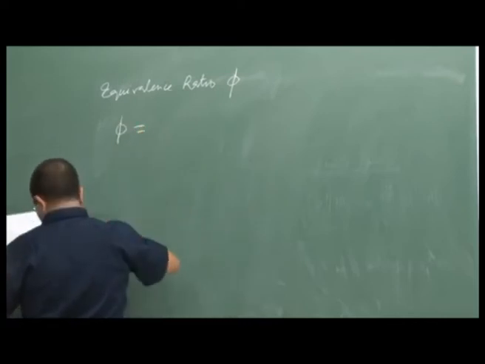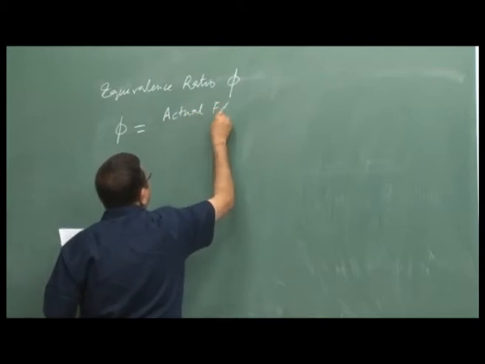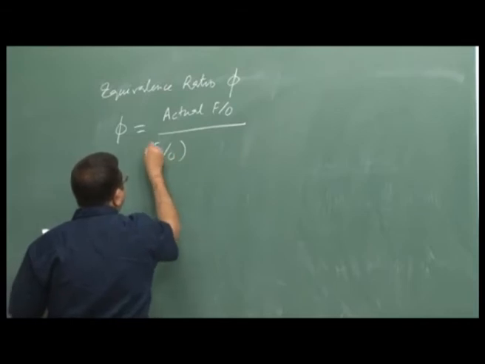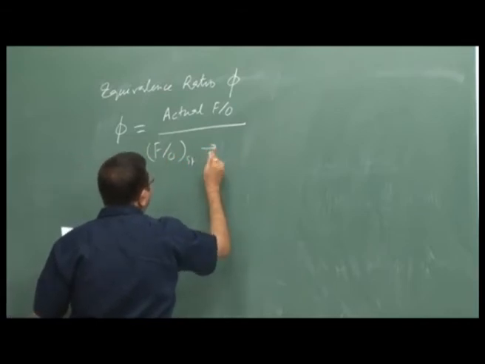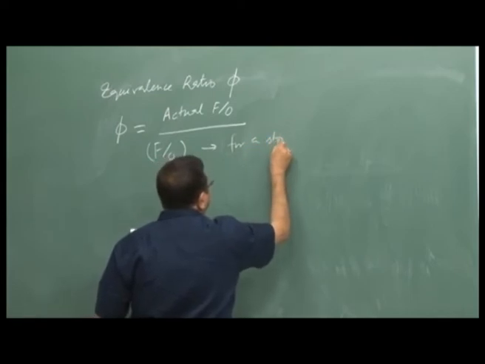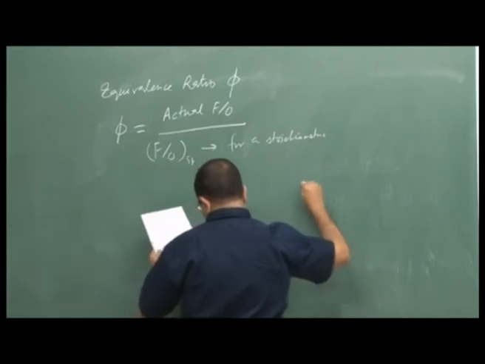So, equivalence ratio is defined as actual fuel to air ratio divided by fuel to air ratio, that is ST represents a stoichiometric reaction or process.